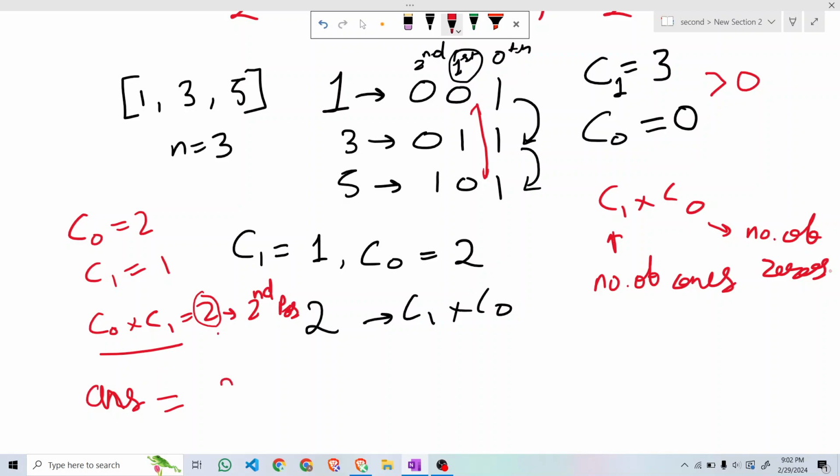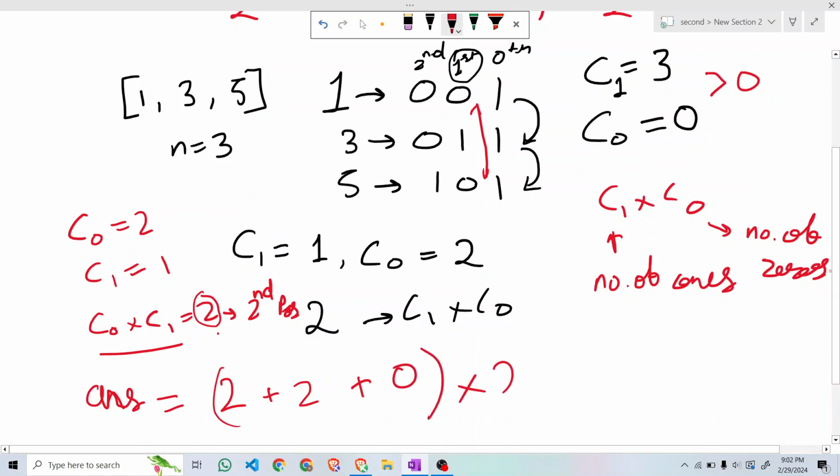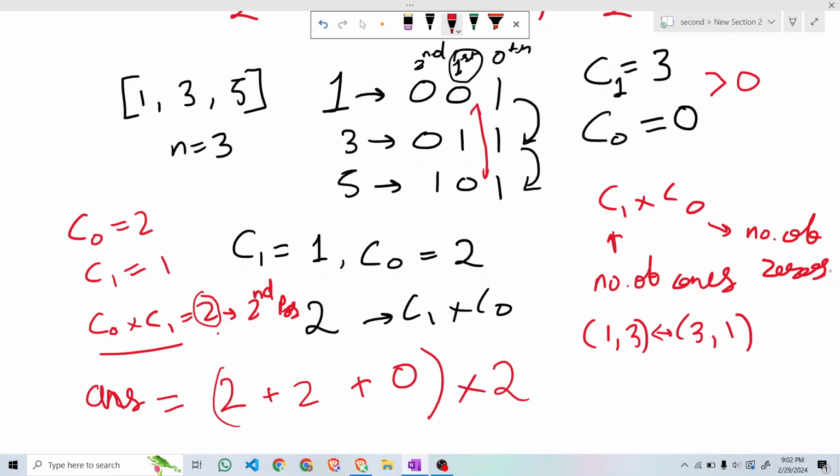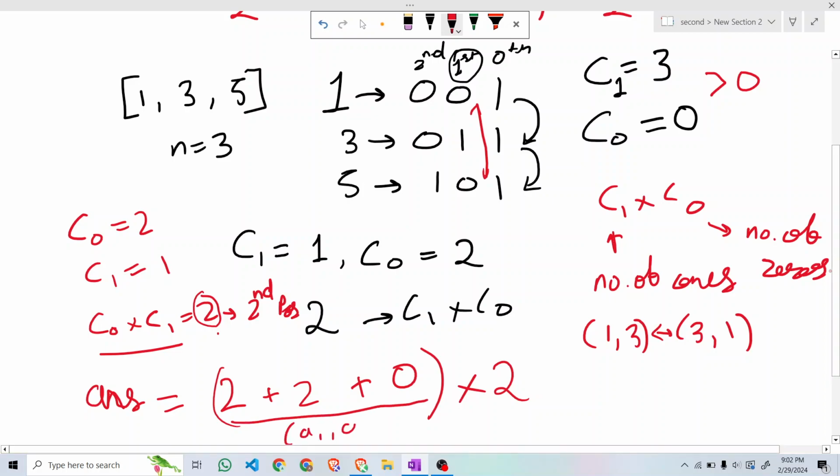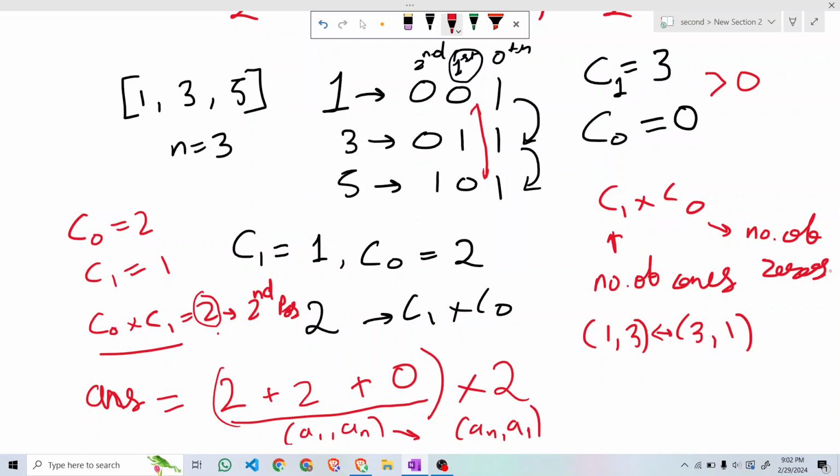So here it would be 2 plus 2 plus 0, and then multiply it by 2, because 1, 3 and 3, 1 are taken differently. We calculated only the pairs a1 with an, but if we multiply by 2 we also consider an with a1, right, like that.